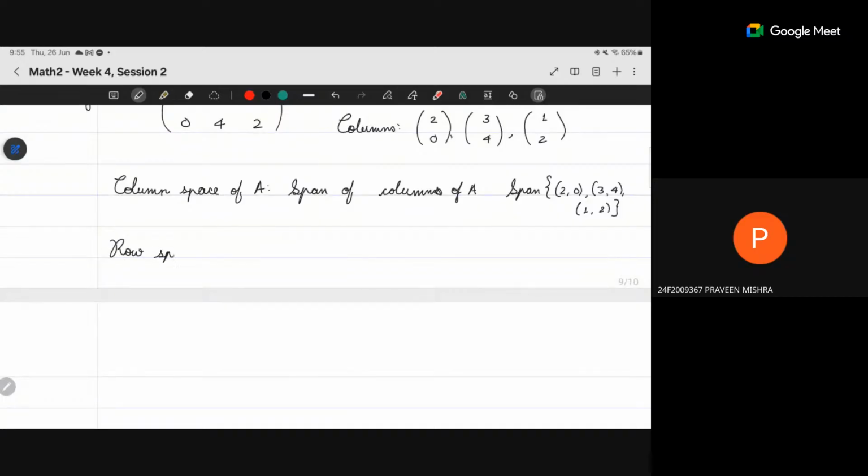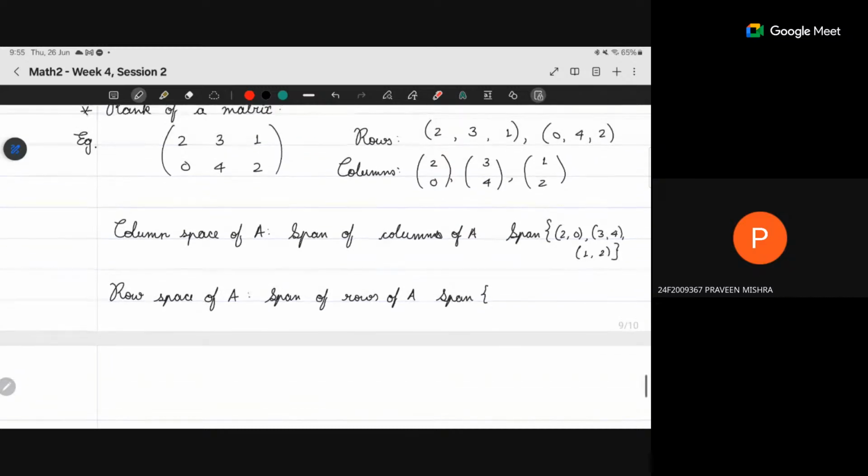And then you have something called the row space of A, which is nothing but the span of the rows of A. Seems clear enough, right? In this case, it is the span of (2, 3, 1) and (0, 4, 2).